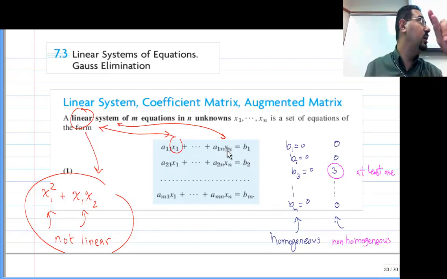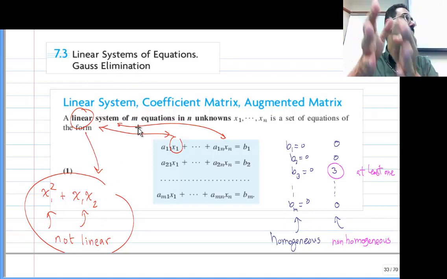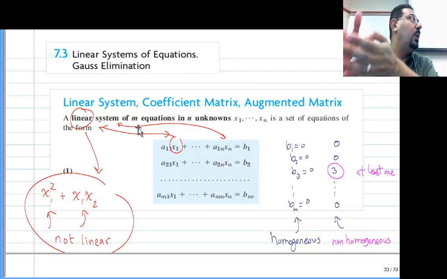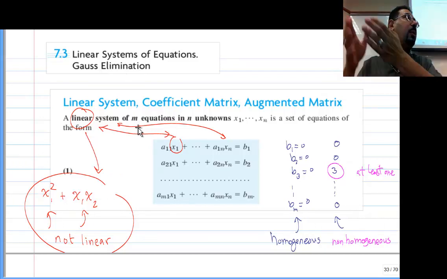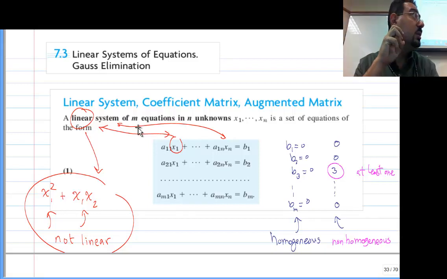They cannot be another unknown. Meaning this a1 and a2 cannot be x1, for example, multiplied by x2, or x1 squared. That's a non-linear system. We'll leave this for later. For this chapter, we are dealing only with linear systems. So 5 multiplied by x1, 7.1 multiplied by x2, pi multiplied by x3, but they are all numbers.